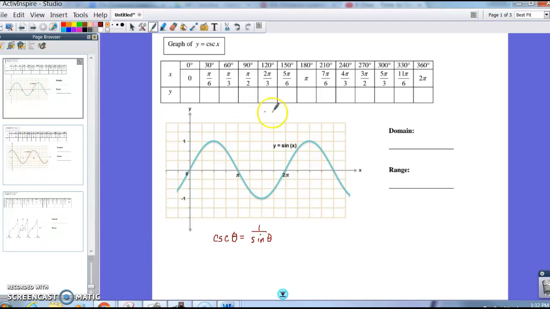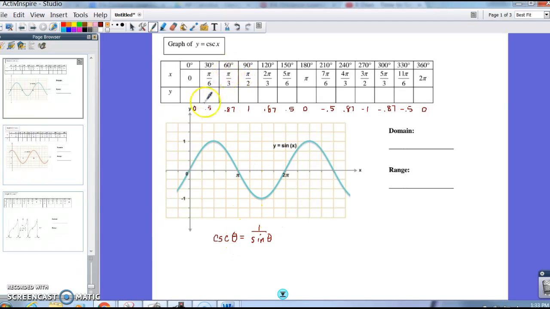So I'll write underneath what those values were: 0, 0.5, 0.87, 1, then back down 0.87, 0.5, 0, and then negative 0.5, negative 0.87, negative 1, negative 0.87, negative 0.5, and back to 0. Now if I do 1 over those amounts, that will give us the numbers to fill in this chart so that we can plot the points for the cosecant graph.